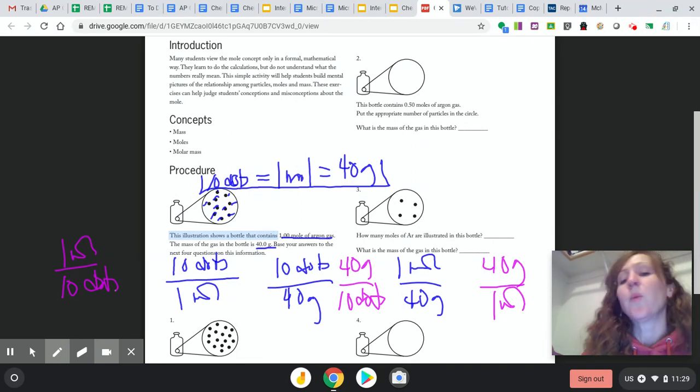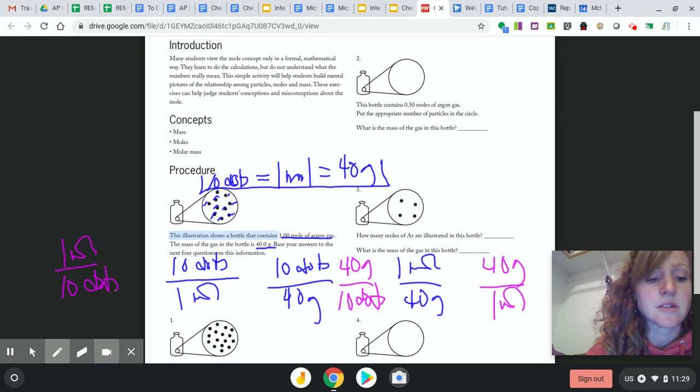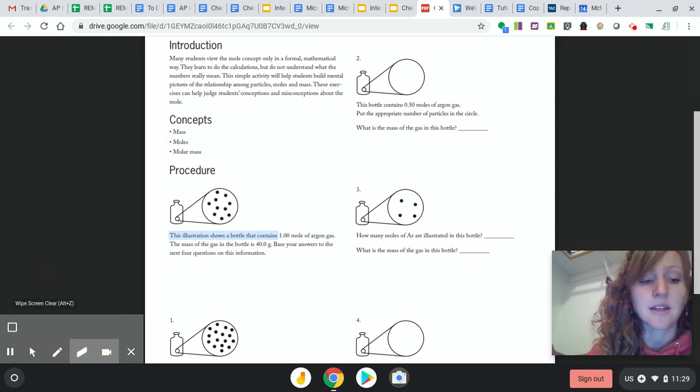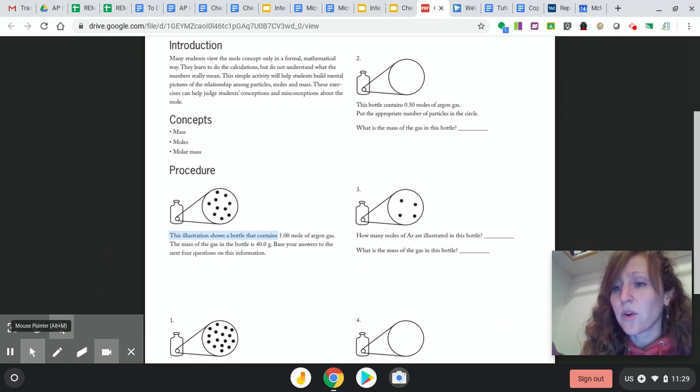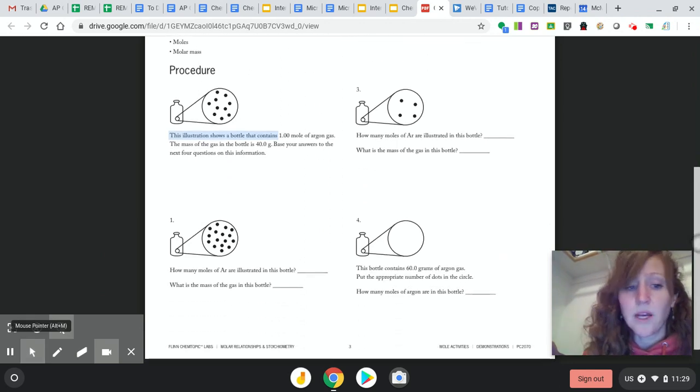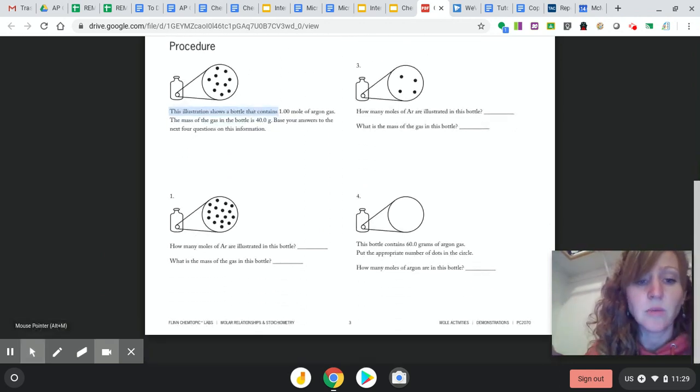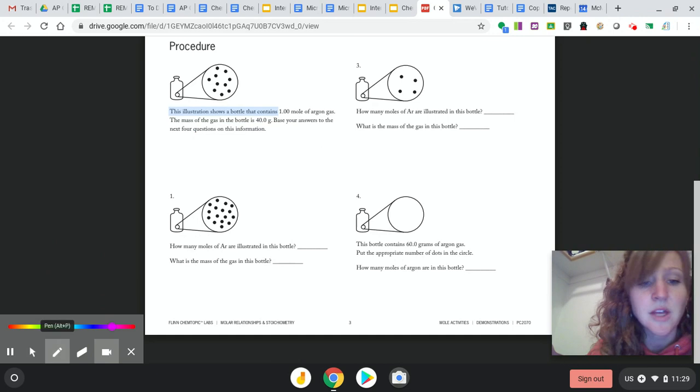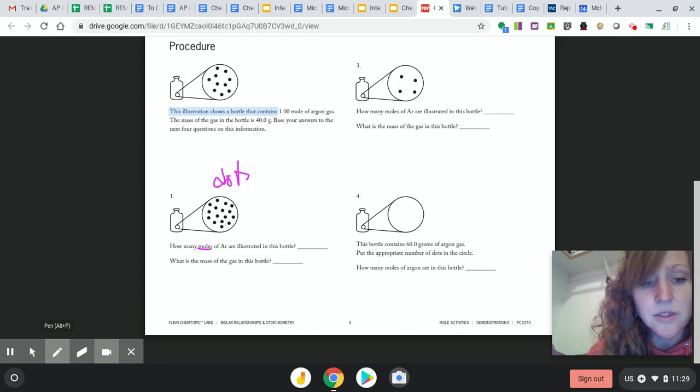Okay, so with this information, let's go through and process the questions that they're asking us to process. So number 1, how many moles of argon are listed in the bottle? They give us dots here, and they're going to ask us for moles and mass.